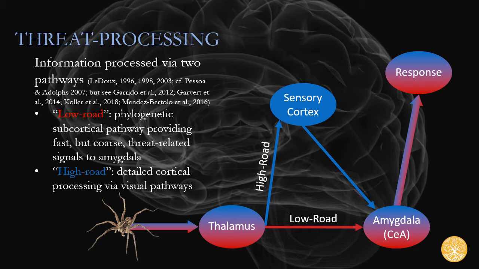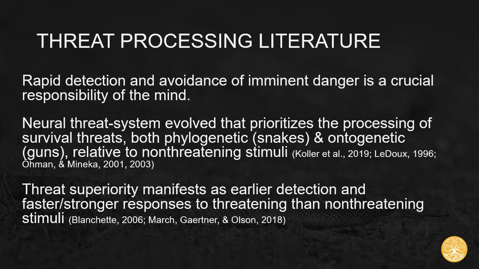And so you get this threat superiority to things that have been conditioned or innately associated with threat. And so there's this great big threat processing literature that says that rapid detection and avoidance of imminent danger is a crucial responsibility of the mind.